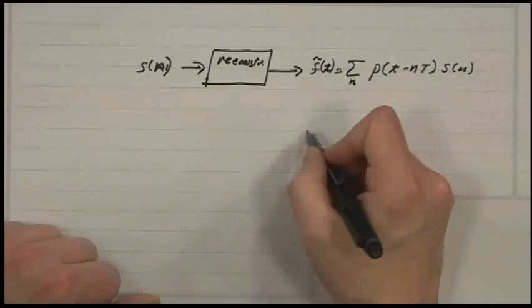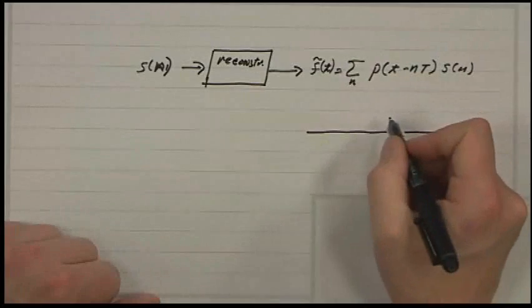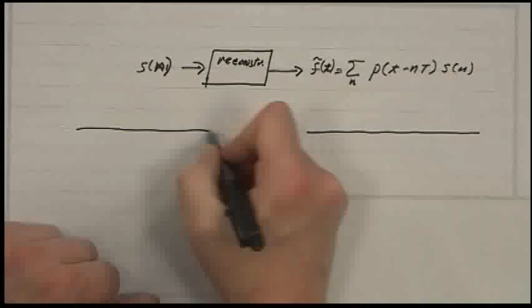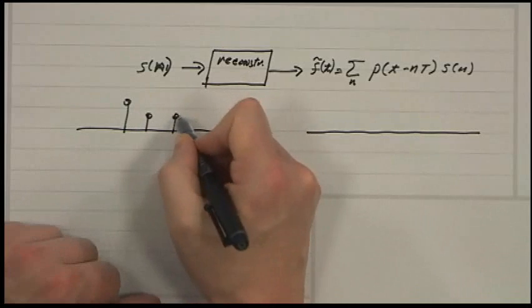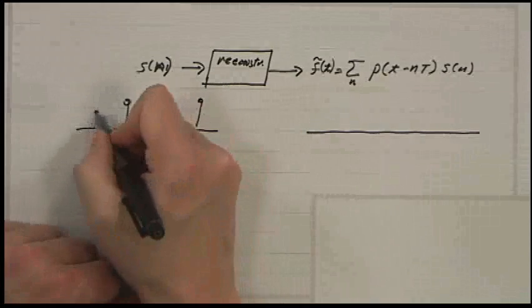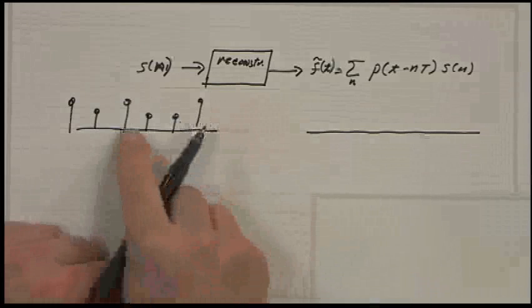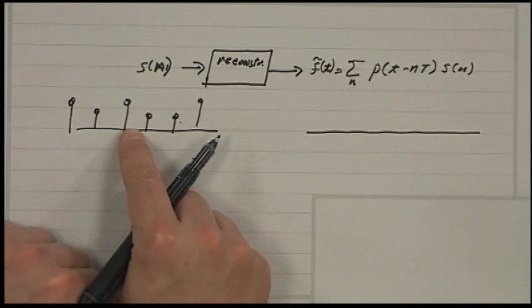So what happens is here you have a discrete time signal. So what's the value halfway between two samples in this discrete time signal?